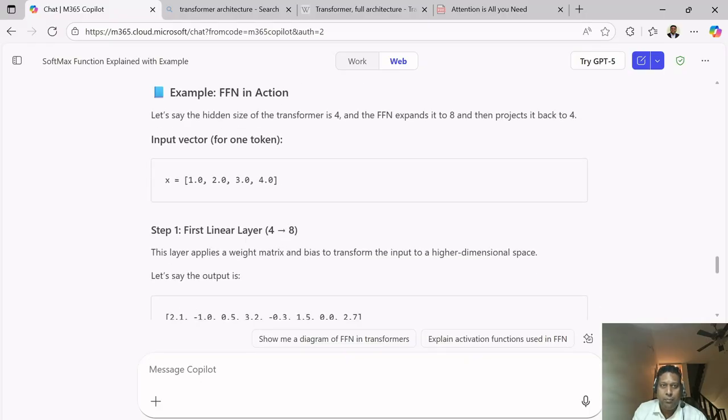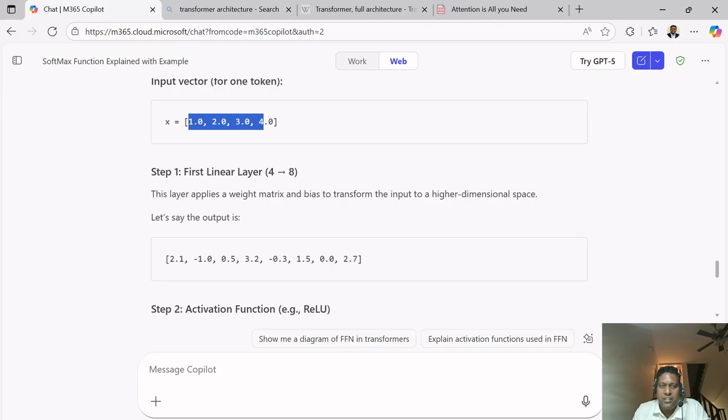They've given an example. If you have an input vector, this is for one token, with 4 dimensions, in the first linear layer we would apply some weights and biases to transform that into a higher dimensional space.